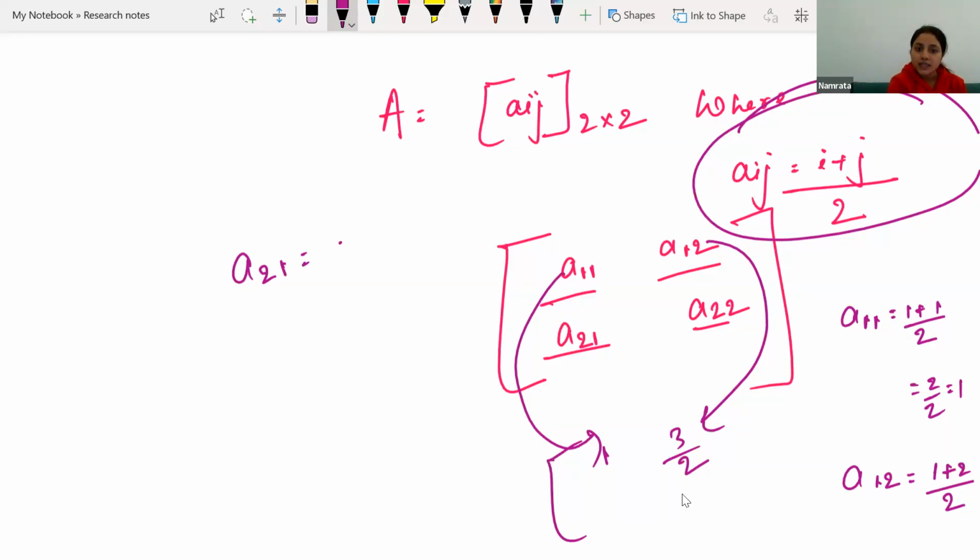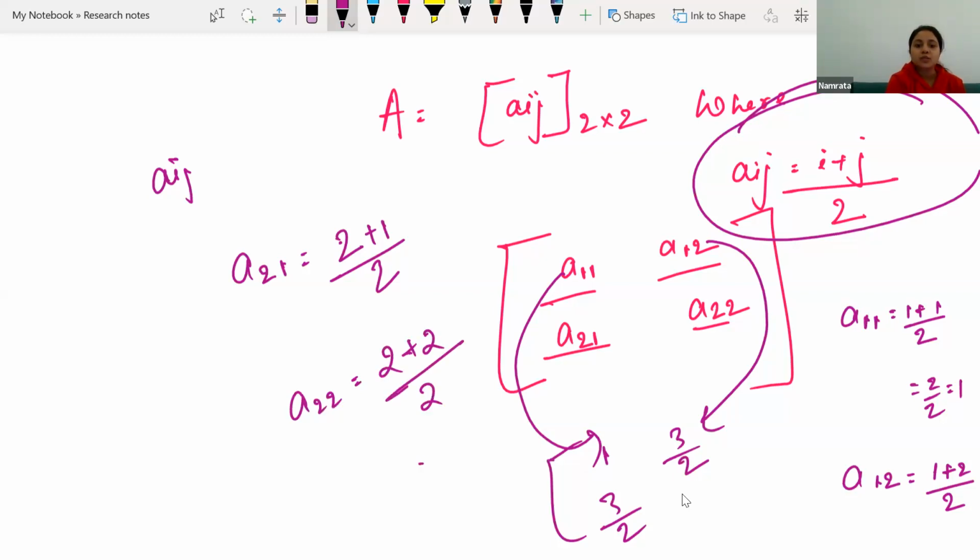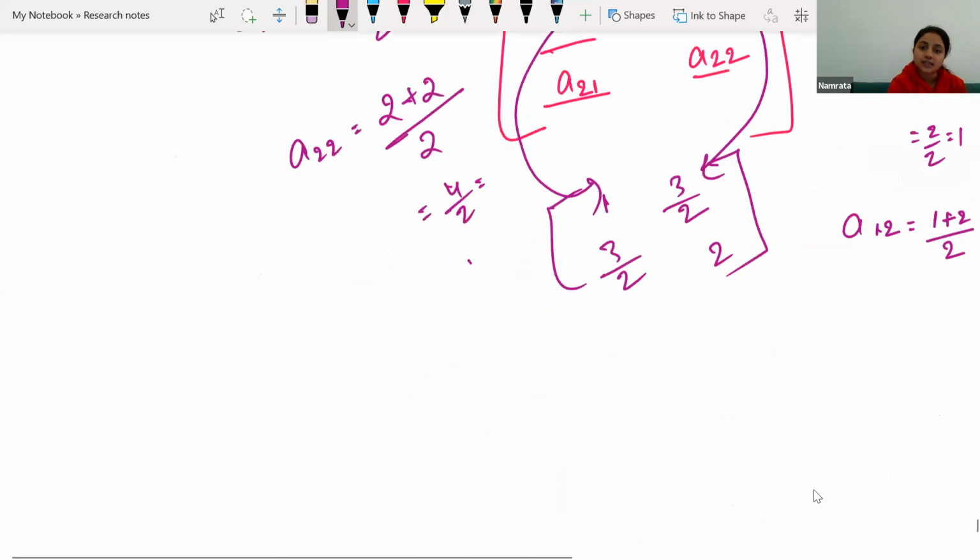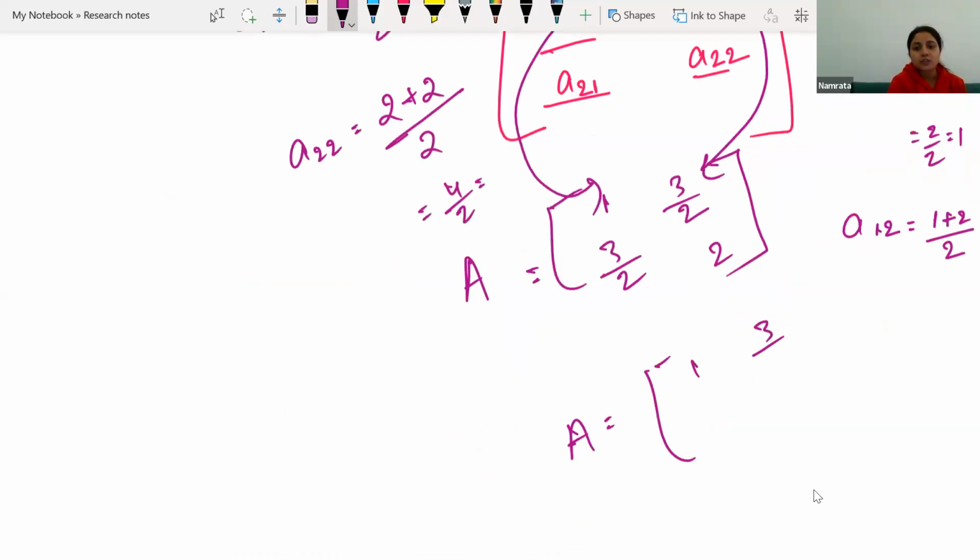The aij format is maintained here. So i is 2 and j is 1, so we are still getting 3 by 2. Then a22: i is 2 and j is 2, so 2 plus 2 by 2, that means 4 by 2, that means 2. And hence our matrix A is 1, 3 by 2, 3 by 2, and 2. Is it clear?